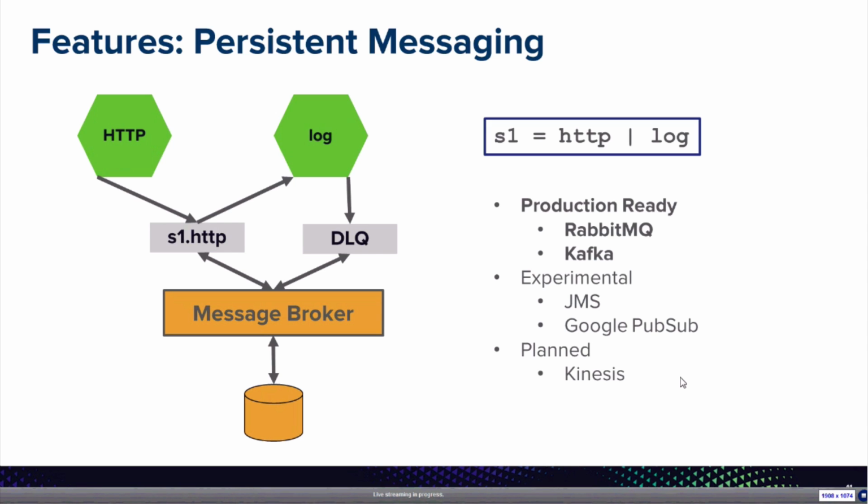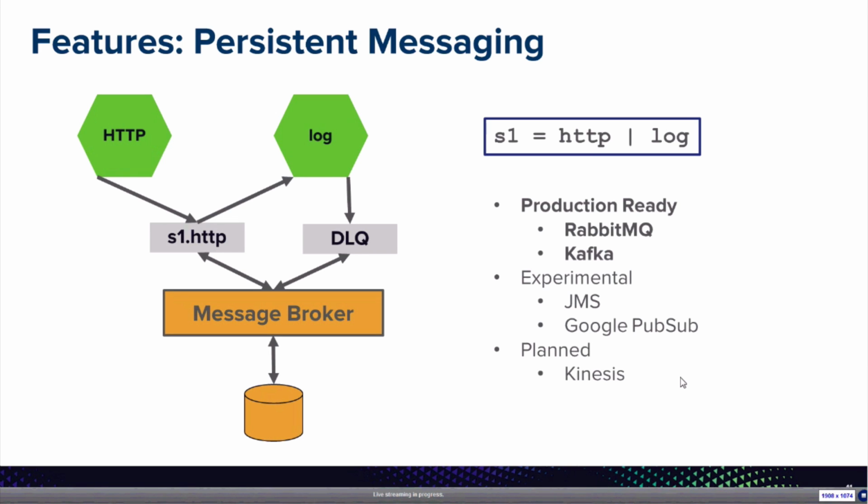If you're using Rabbit, it would be sending to a topic exchange. On the consuming side, if you're using Kafka, it would literally be using a Kafka consumer group. If you're using Rabbit, it would create a queue for each consumer group and then the consumers bind to those queues. So the abstraction is the same from the developer's perspective.